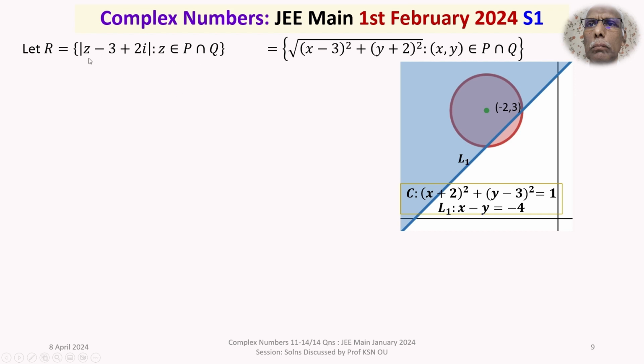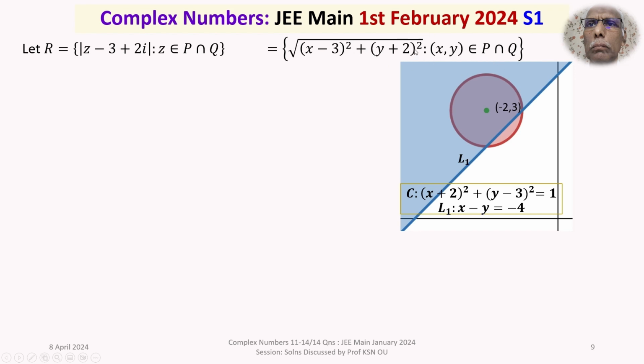So for that, we write Z is equal to x plus iy. So this will be x minus 3 plus i times y plus 2. So that will be under the square root of x minus 3 squared plus y plus 2 squared, where x, y belongs to P intersection Q.